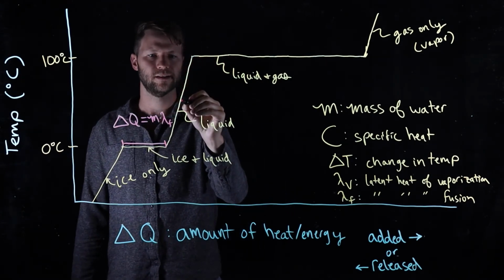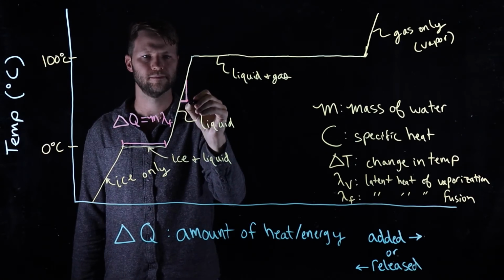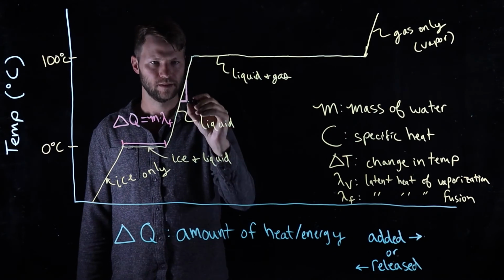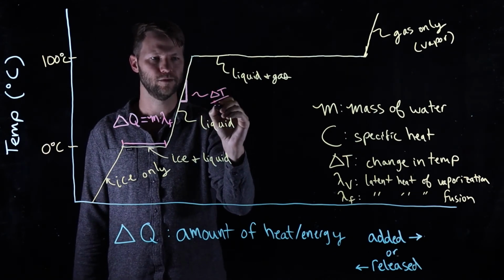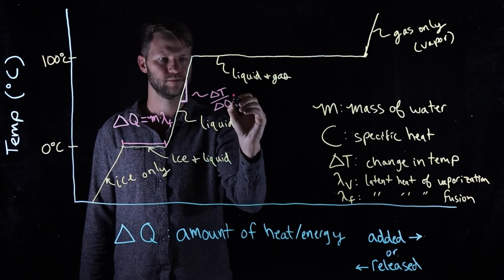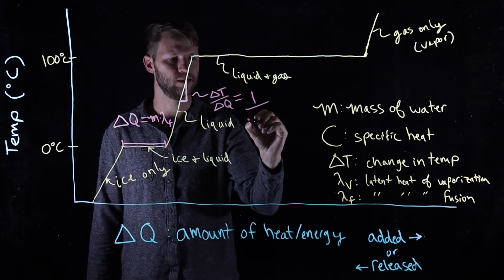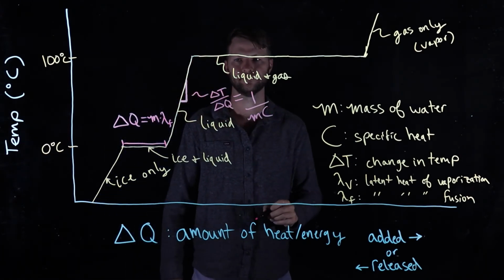If we consider this slope, the rise over run here, when we're just warming up this liquid water, this is equal to delta T over delta Q, which is equal to 1 over the mass times the specific heat.